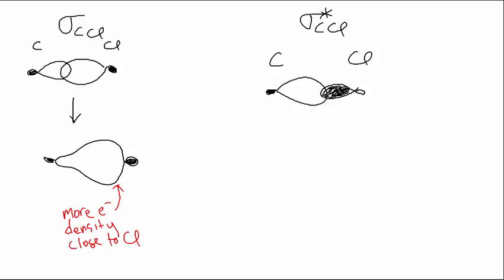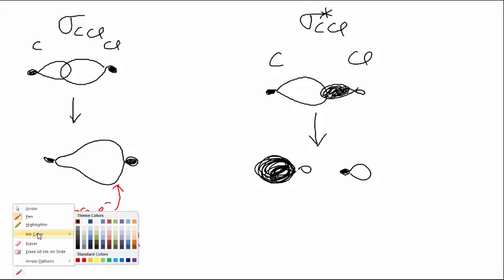And so if they come together out of phase like that, my sigma star orbital is going to have a big lobe on carbon and a smaller lobe on chlorine.